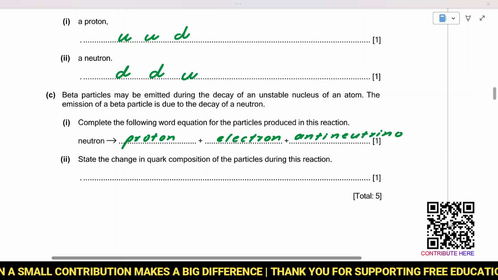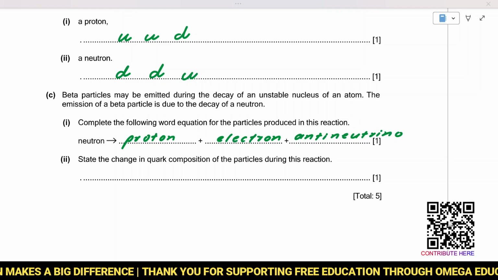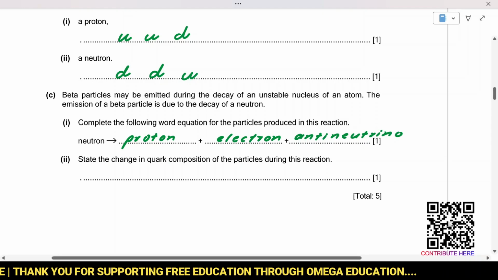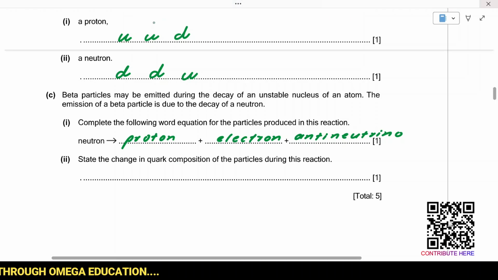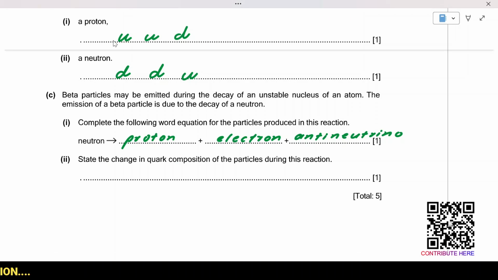So this is the word equation. Whenever you have a neutron converted into proton, beta negative is released.